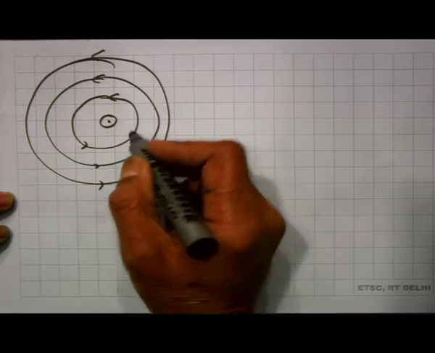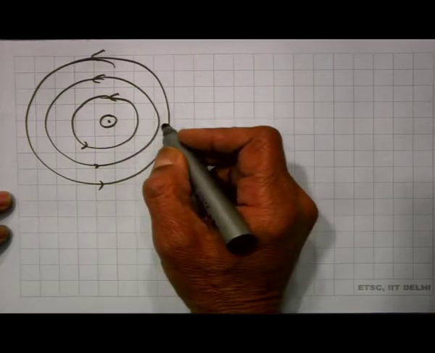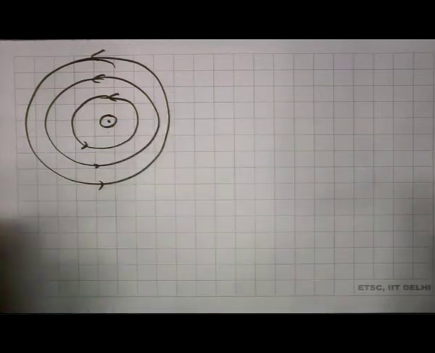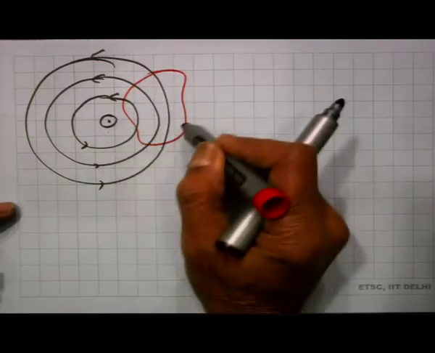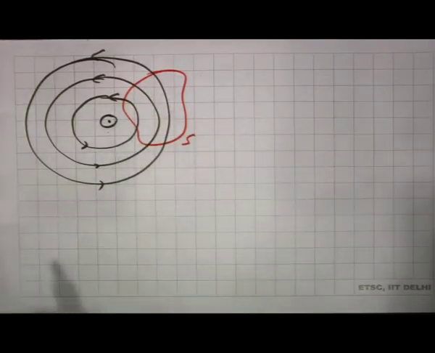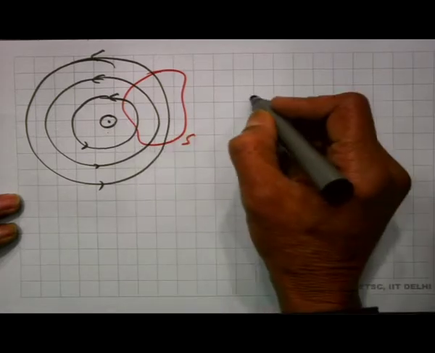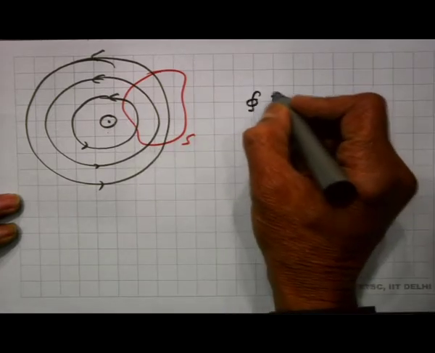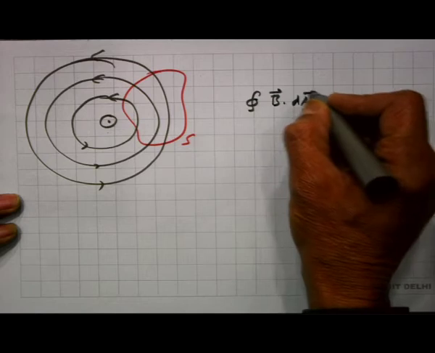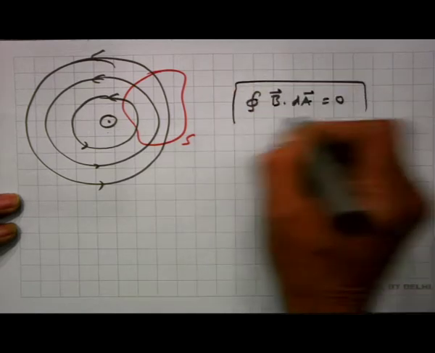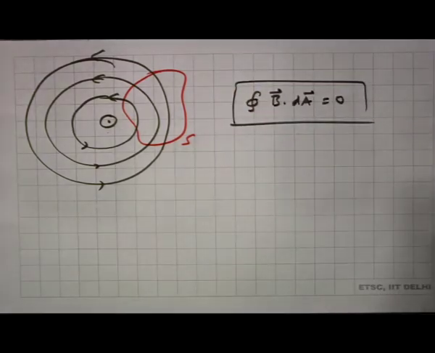This also implies that if you take any closed surface S, as many field lines will enter the surface as will go out, and you have this equation, Gauss's law for magnetic fields: integral B dot dA is equal to 0.